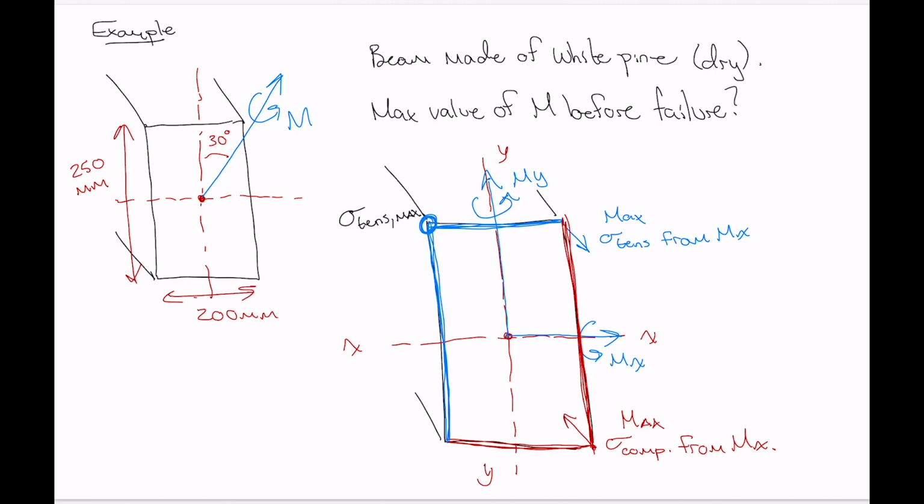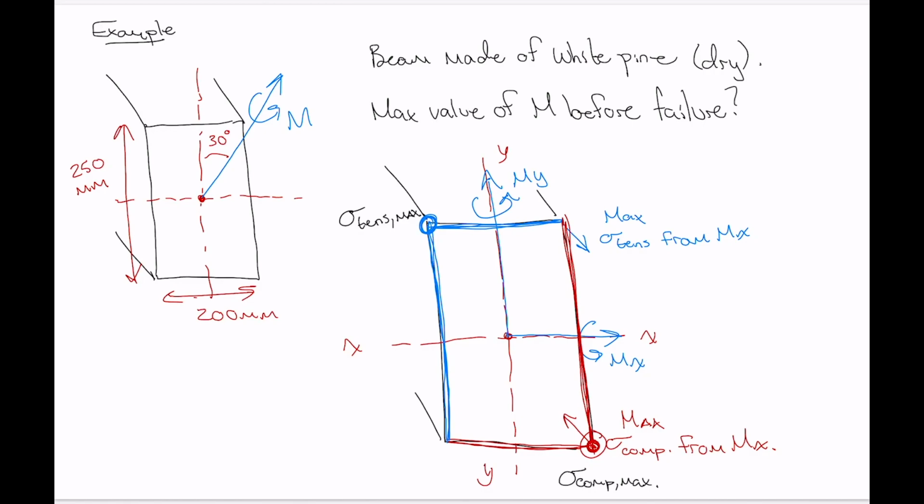And then at the bottom corner here, we've got the same for compression. So the maximum compressive stresses from both of those components are adding together to produce the point where we have the overall maximum compressive stress.